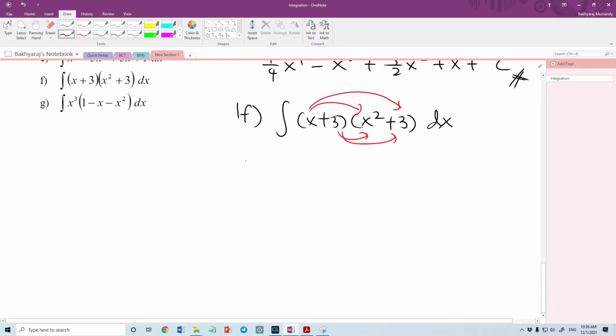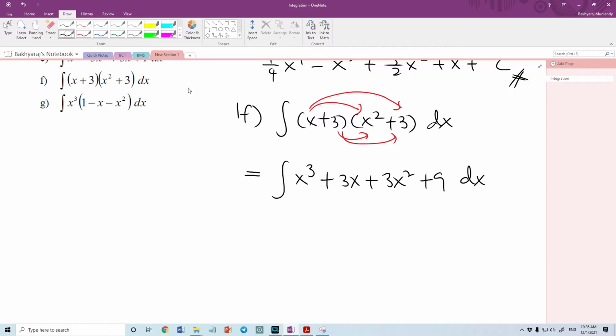So we get the integral of x times x squared is x to the power of 3, 3x, and then 3x squared, and then plus 9 dx. Once we get this, we look at the powers: power of 3, power of 1, power of 2, and 9. So it's already in the simplest form.